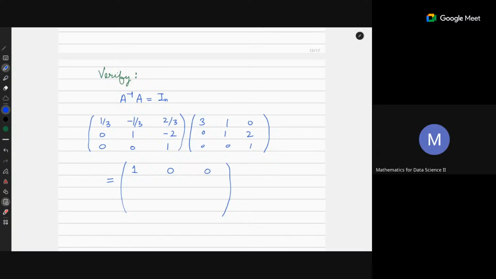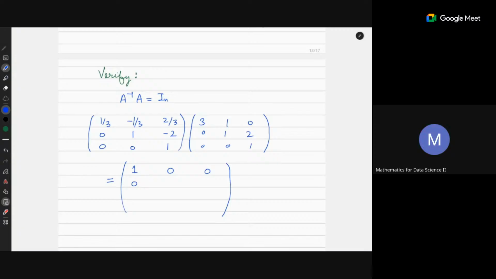Okay, now let's do second row, first column. 0 multiplied with 3, 1 multiplied with 0, minus 2 multiplied with 0. You will get 0. What about the second row, second entry?